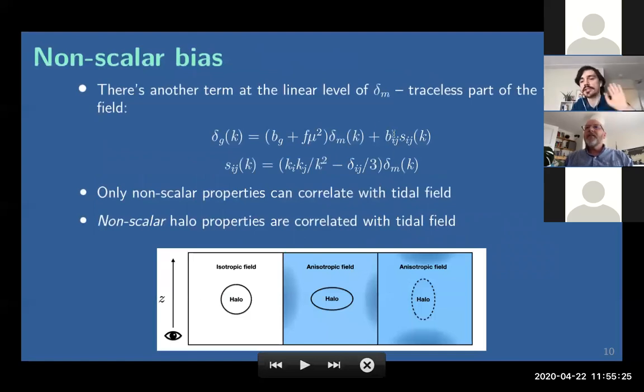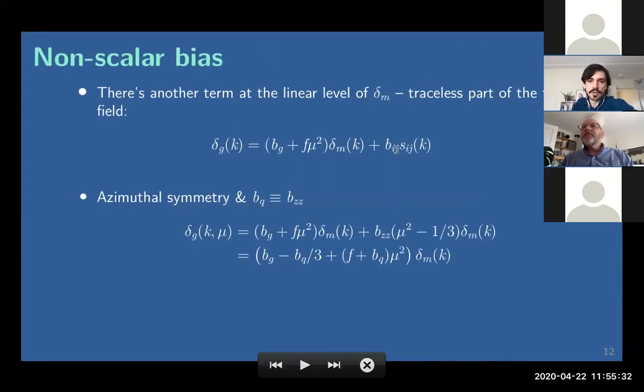This was the B_ij, the full thing. And then I moved here, and I said that since it doesn't matter how things are oriented on the plane of the sky, the only one that survives is the zz component. What happened to the S_ij? It's gone between the top and the bottom.